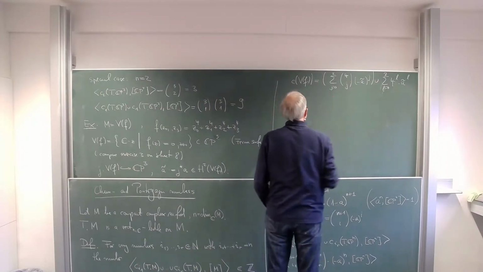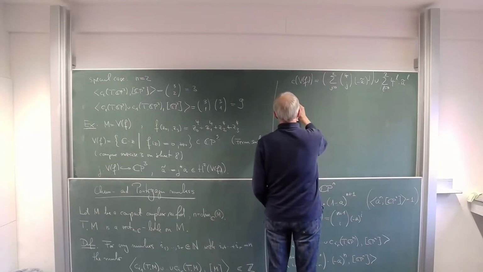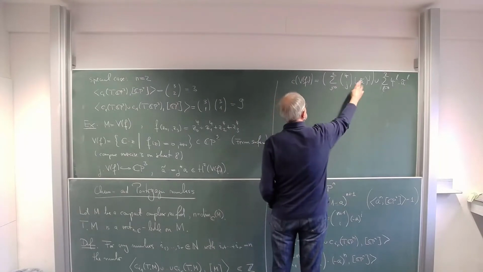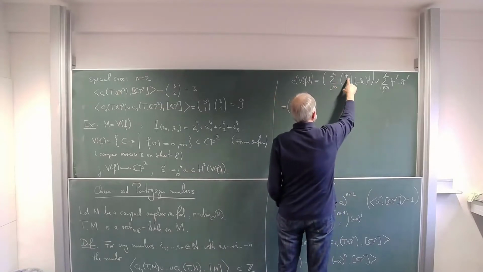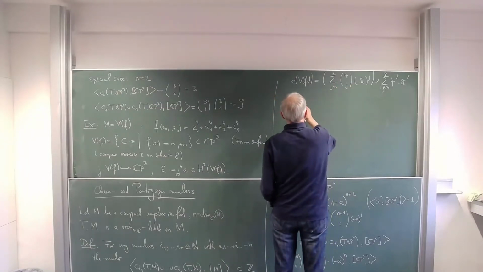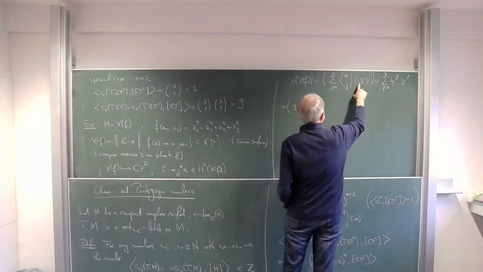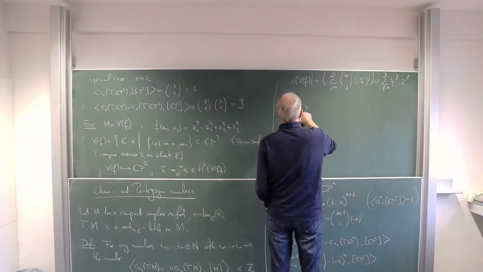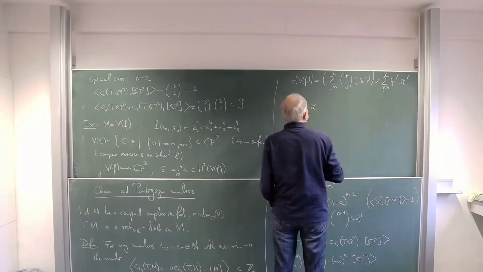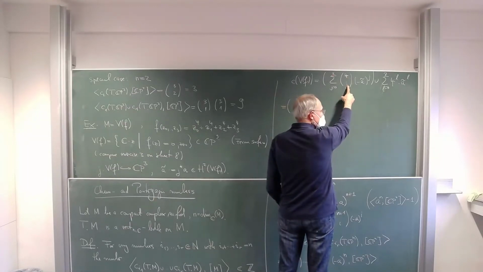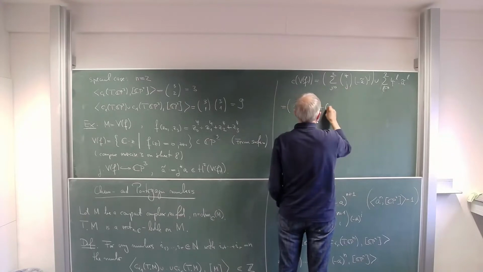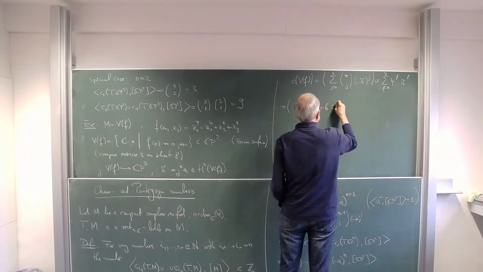j equals 0 gives me 4 choose 0, which is 1, times this to the 0th power, so this gives me 1. j equals 1 gives 4 choose 1, which is 4, times minus a twiddle to the first power. And then we have j equals 2, which is 4 choose 2, which is 6, and then we have the second power.